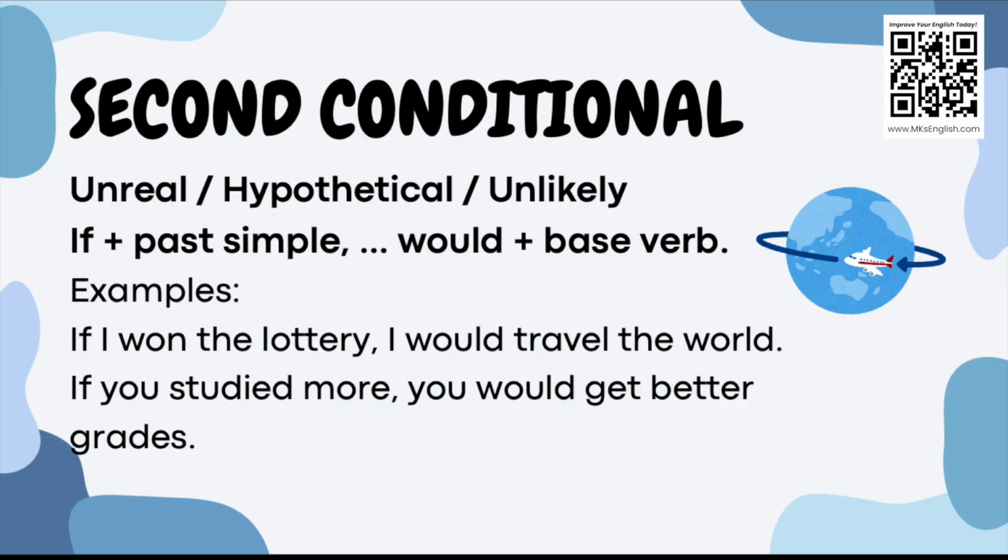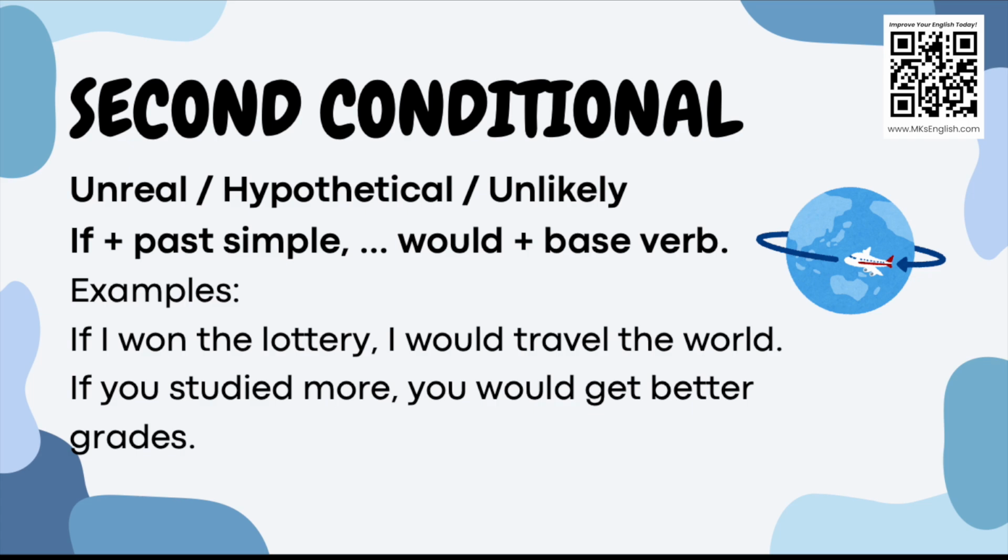Next is the second conditional, which is one of my favorites. We use it for unreal, hypothetical, or unlikely situations, usually in the present or future. The structure is if plus past simple plus would, and again the base form of the verb.